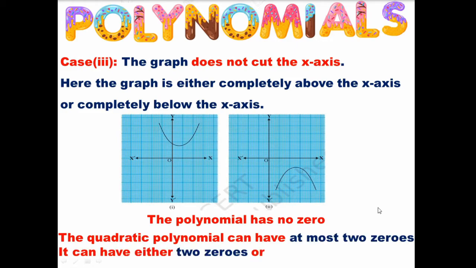That is, it can have either 2 zeros, or 1 zero, or no zero, not more than that. So a quadratic polynomial can have at most, that is, to the maximum, only 2 zeros.